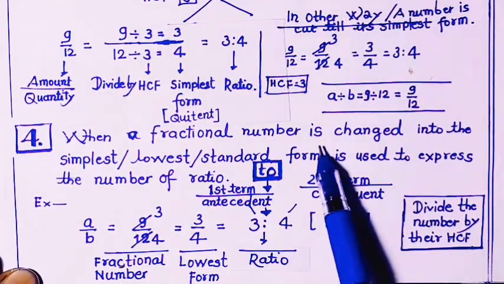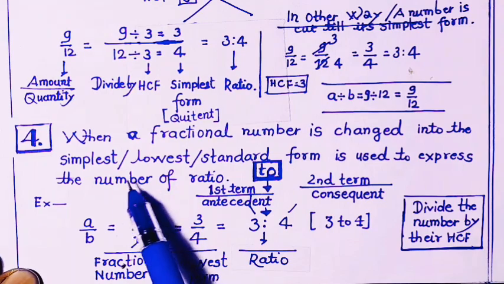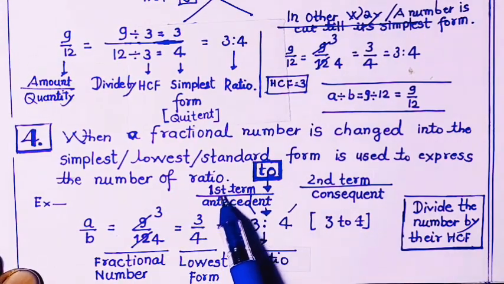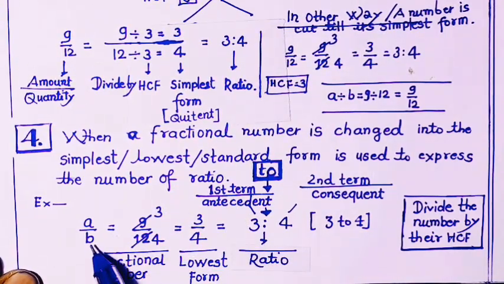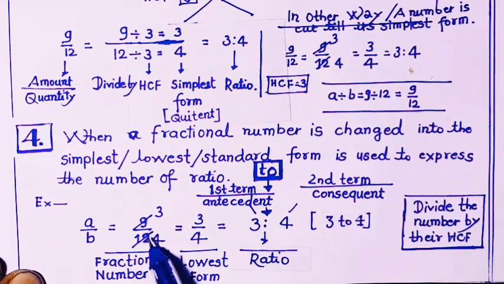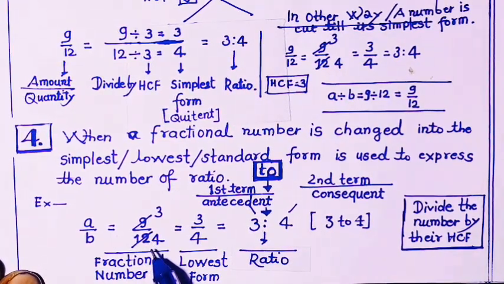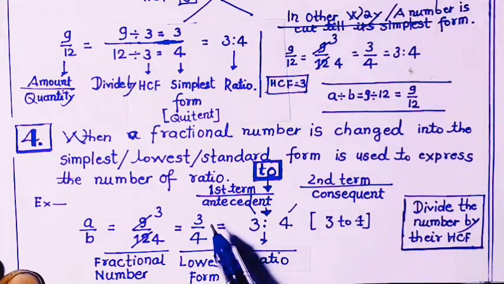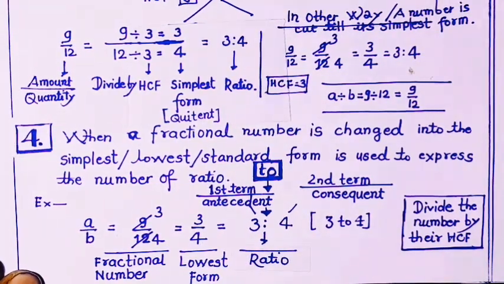When a fractional number is changed into the simplest lowest standard form, it is used to express the number of ratio, as for example a by b as 9 by 12, and when 9 by 12 is changed into the simplest form, it makes 3 by 4.